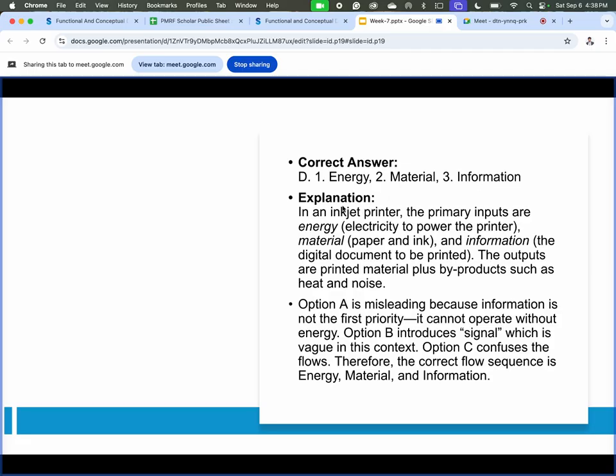So as I have given you a very short explanation here, in an inkjet printer the primary inputs are energy, electricity to power the printer, materials, paper and ink, and information, the digital documents to be printed. The outputs are printed material plus byproducts such as heat and noise.